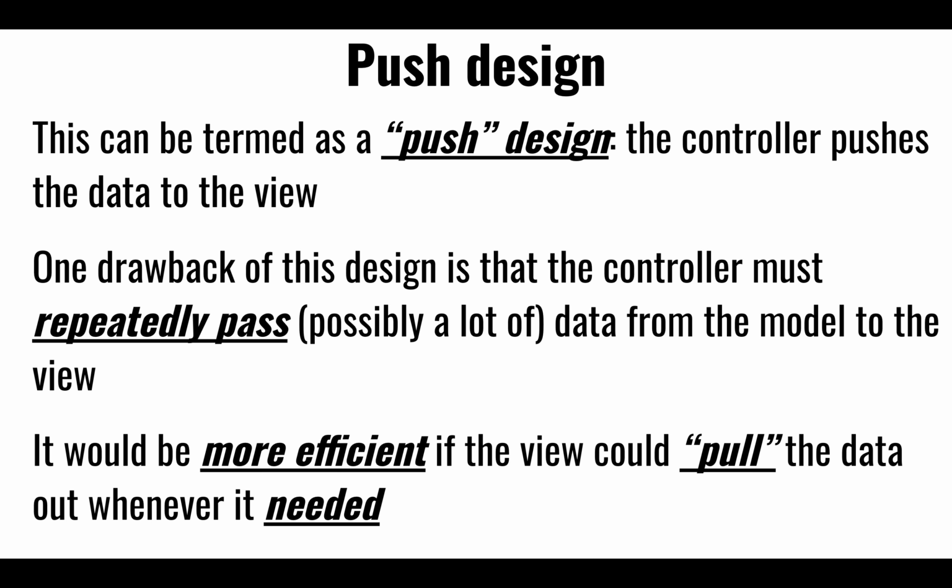In this design, as mentioned earlier, the controller is following a strategy of pushing the data to the view. It fetches the data from the model and then pushes it to the view. Now it's a little bit inefficient, this strategy, since you might be pushing a lot of data repeatedly to the view. There's no caching. There's data that the view might already have that I might be pushing.